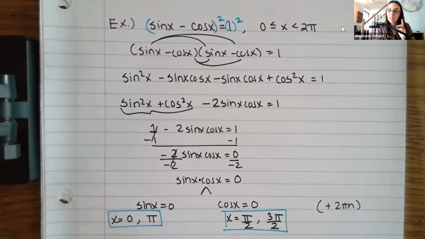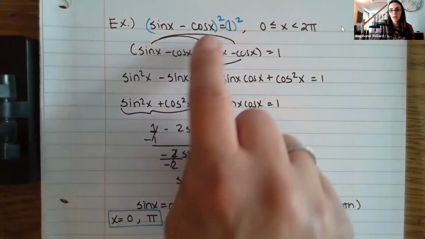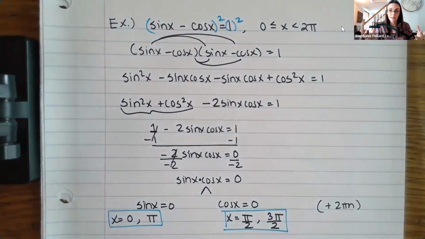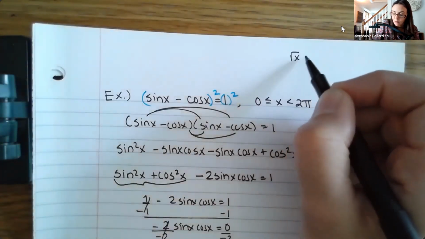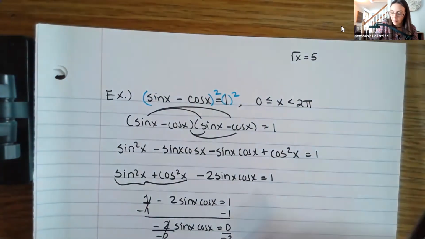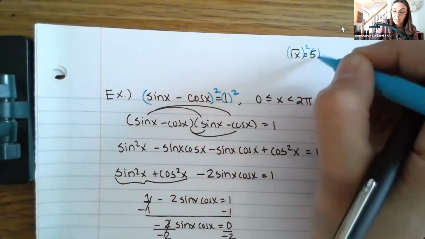But I forgot, when we square both sides of an equation, the idea of squaring things or cubing them, or if I multiply by x's on both sides, anytime I'm multiplying with x's on both sides, there's always a chance that I'm creating extra solutions. And you're probably used to this when you have roots. So for instance, if I was solving square root of x is equal to 5, we have that process of squaring both sides like we did here.